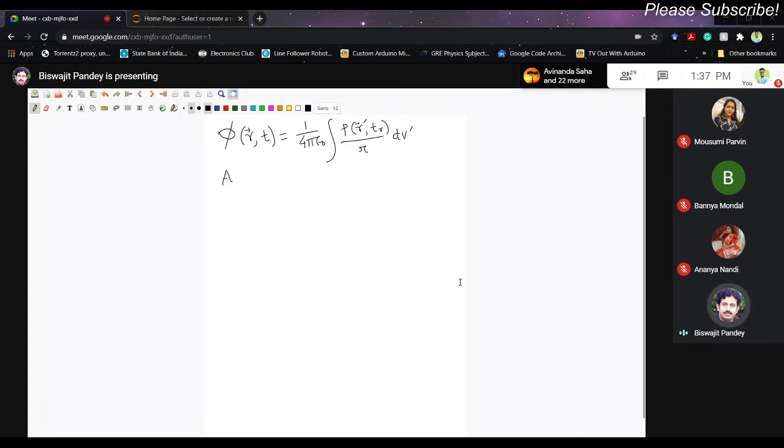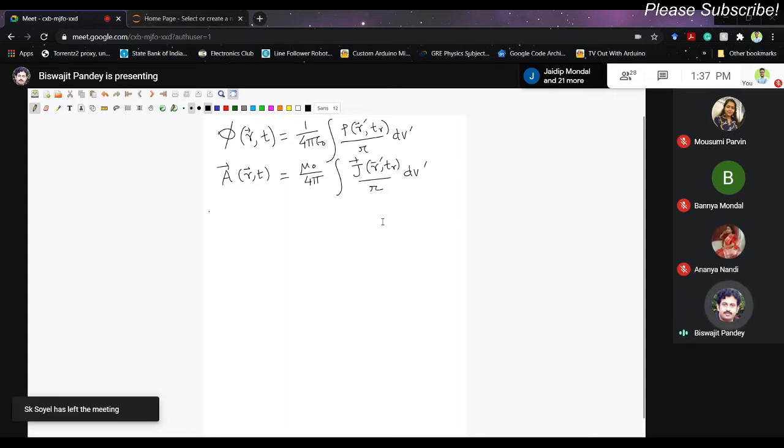Similarly, for the vector potential, we have another solution coming from Green's function method, which is mu 0 over 4 pi, and then the current density at location r prime at retarded time tr, over curly r, dv prime.